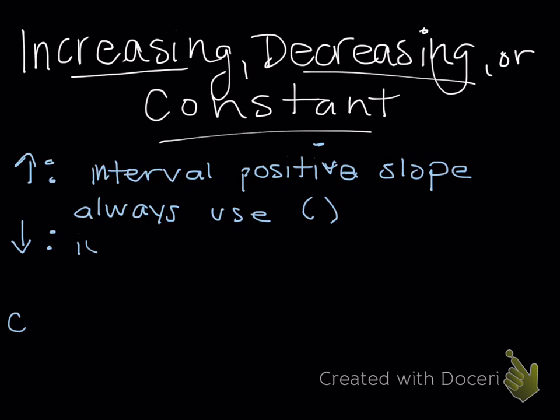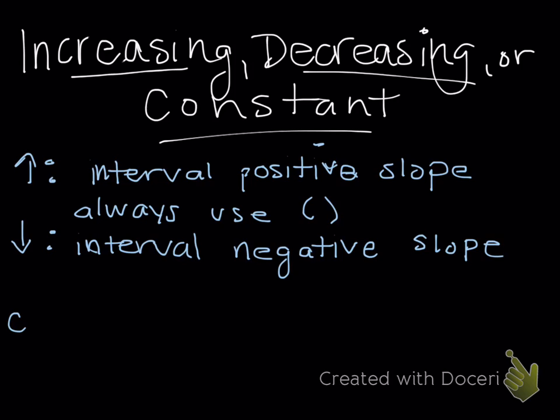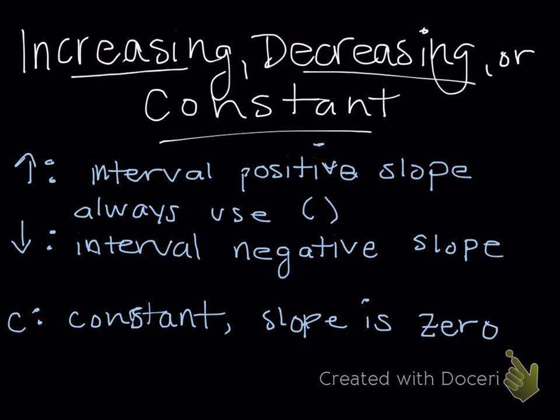Decreasing means this is where the interval has a negative slope. And the C represents where it is constant, which means the slope is 0. So again, it's interval notation, except you use parentheses because you're not telling me this one specific value is included. You're just saying it's simply increasing and decreasing here.